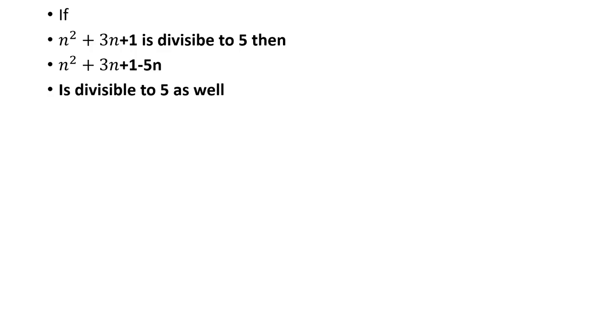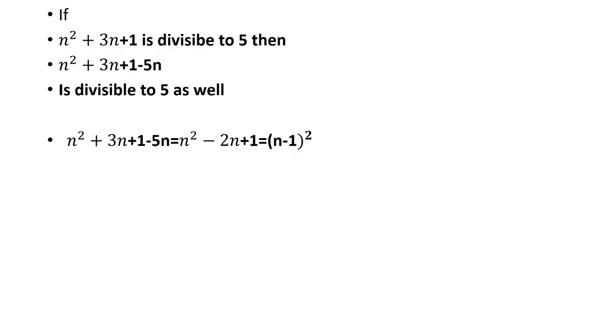The good news is, if you do some mathematical manipulation, this is going to turn to n squared minus 2n plus 1. Notice that 3n minus 5n is minus 2n. And hey, again, it became a complete square, (n minus 1) squared. Then I will argue that if (n minus 1) squared is divisible by 5, then n minus 1 must be divisible by 5.